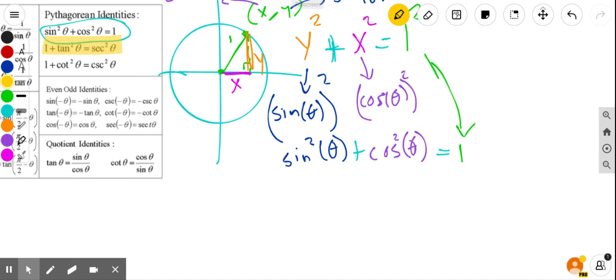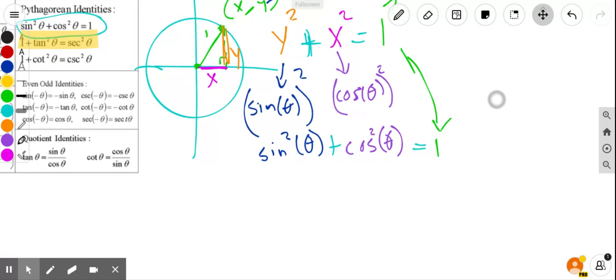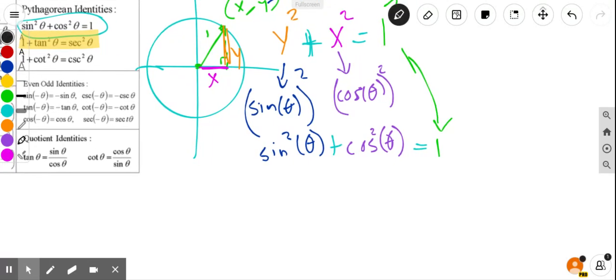Okay, so I'm going to take that and I'm trying to see how what I have right now can lead me to 1 plus tangent squared equals secant squared of an angle. That's on me, that's on the computer. I recognize it this time.